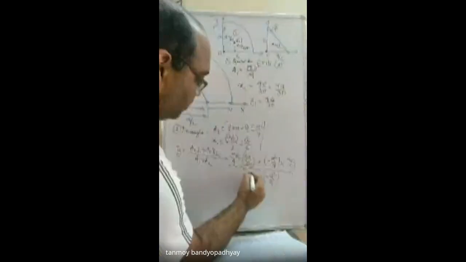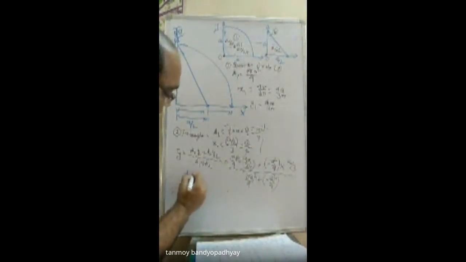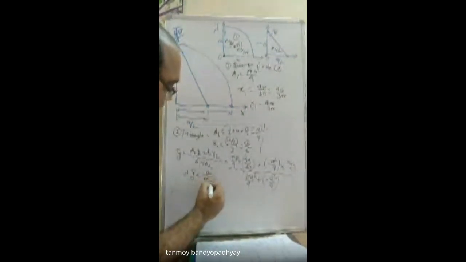Okay? Just do it and see. The answer will be a by pi minus 1. So y bar you should be getting as a divided by pi minus 1.